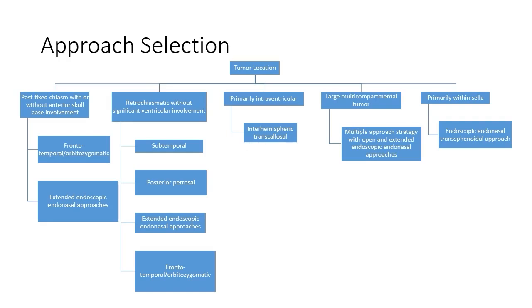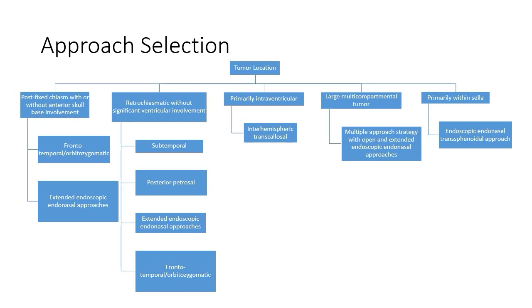The following is a proposed algorithm for determining the optimal surgical approach based on the tumor's location. To start, tumors that are primarily located within the sella are often amenable to an endoscopic endonasal transsphenoidal approach. Similarly, tumors that are primarily located within the ventricular space are often resected through an interhemispheric transcallosal approach.